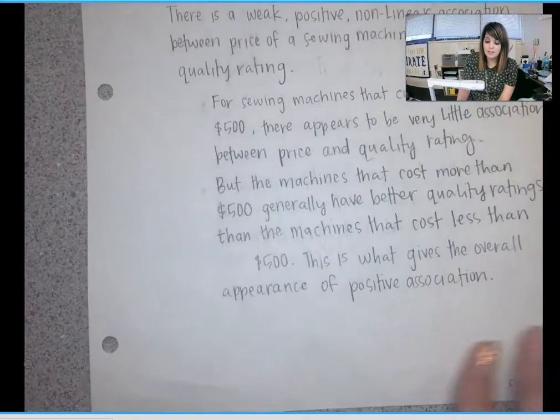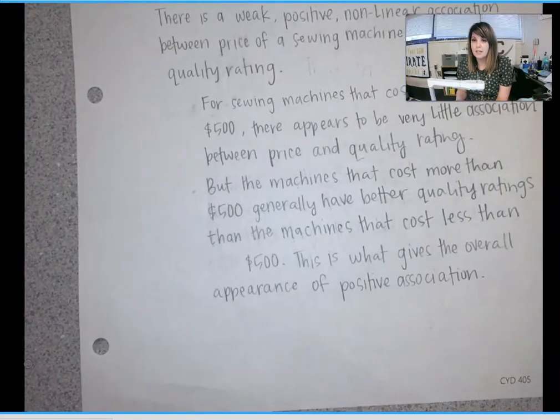If you did say, in general, as price increases, quality rating also increases, that would be completely right. You would get 100%. They just didn't require you to write that on this problem.